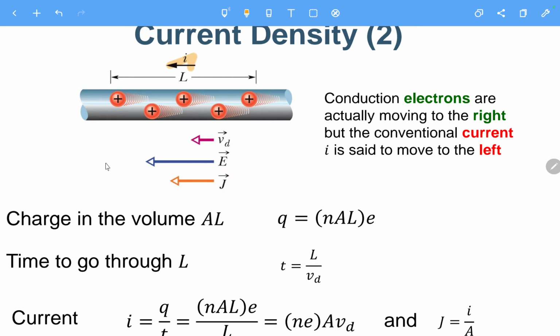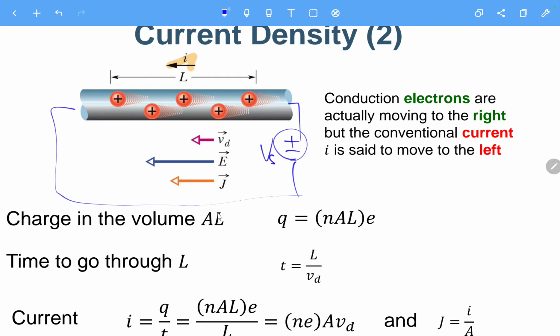Or you can imagine it is generated by a battery like this. If we have a battery Vs like this, it will generate a current going counterclockwise. So suppose we have I pointing to the left side, and J should also point to the left side.